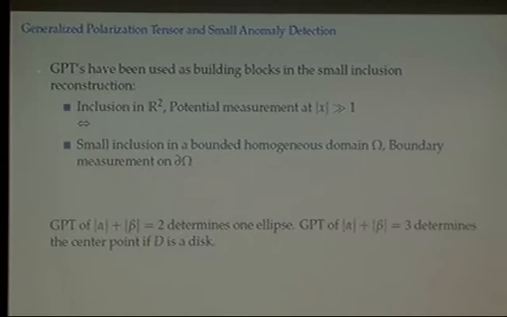The generalized polarization tensor has been used to detect the small inclusion case. When you have M alpha beta for alpha plus beta equal to 2, it determines one ellipse, and for alpha plus beta equal to 3, it determines the location.